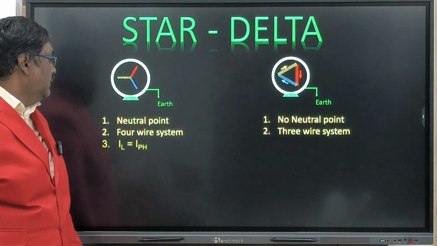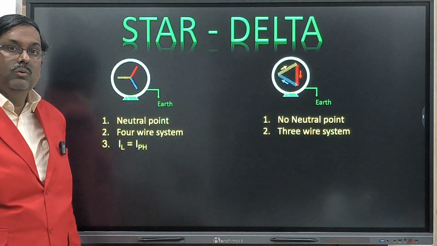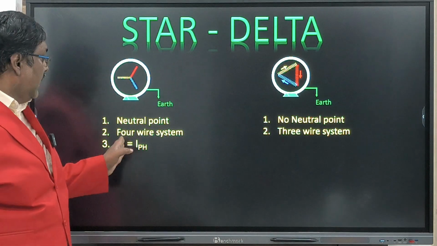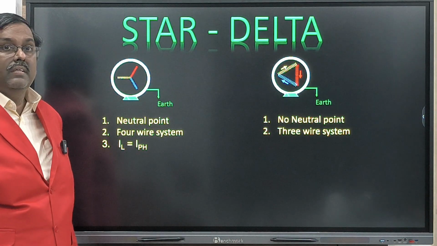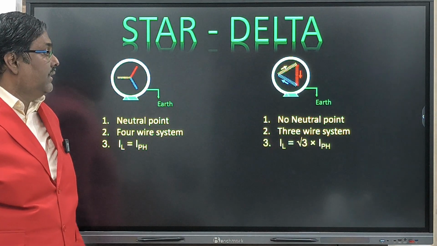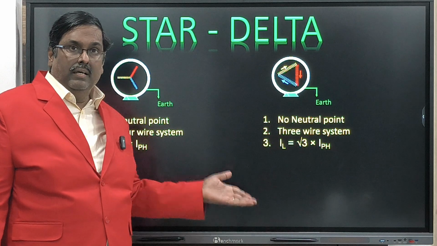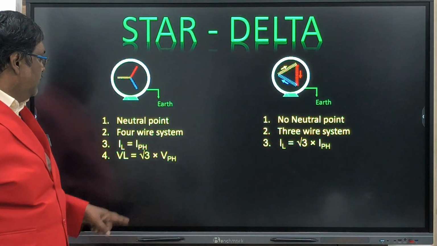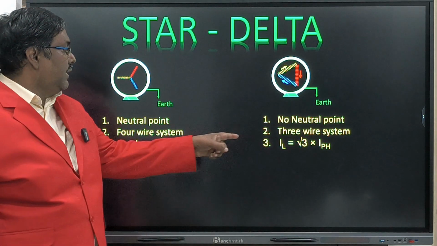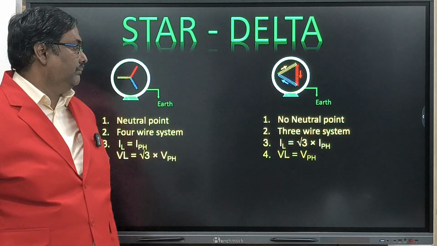Okay. Then IL equals I phase, line current equals phase current in star, but in delta it is root 3. This is the one we checked now. Like that, voltage: in star, line voltage equals root 3 times phase voltage, but here in delta, line voltage equals phase voltage.